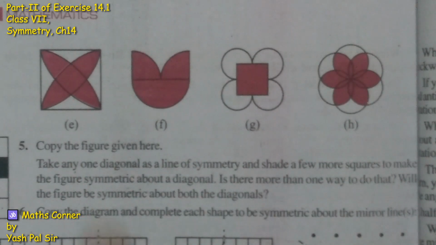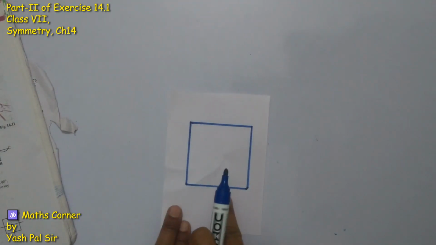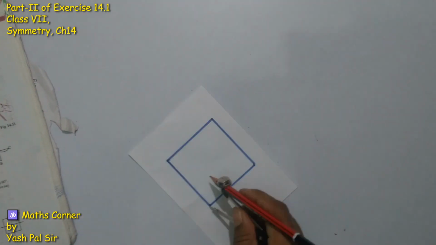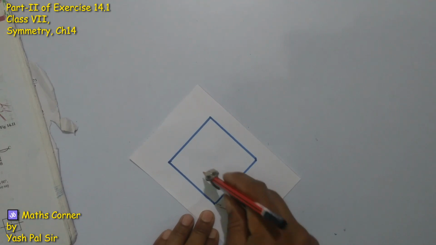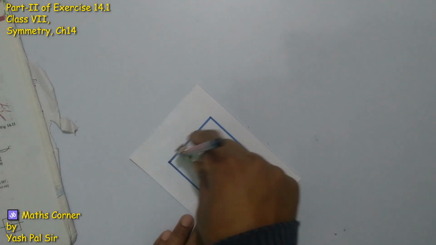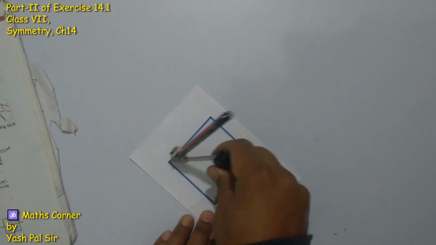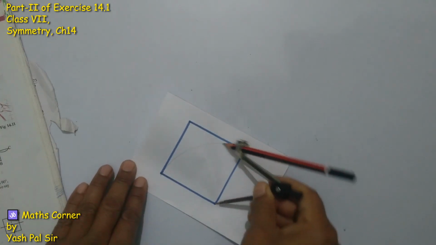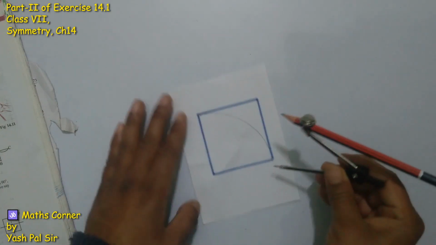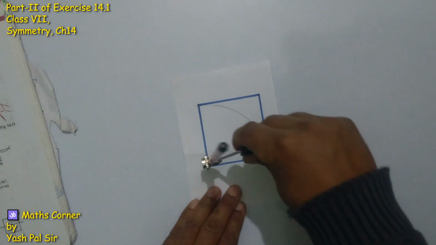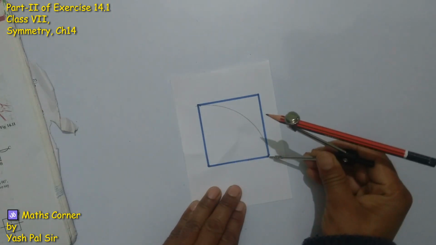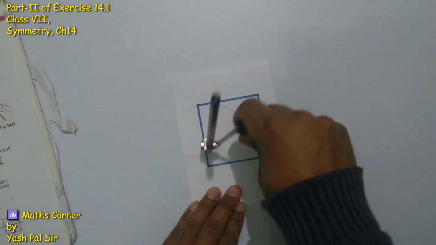Next, part number E. First of all, this is the square. From one vertex, one corner of the square, we have this. From the second corner of the square, we draw this line.